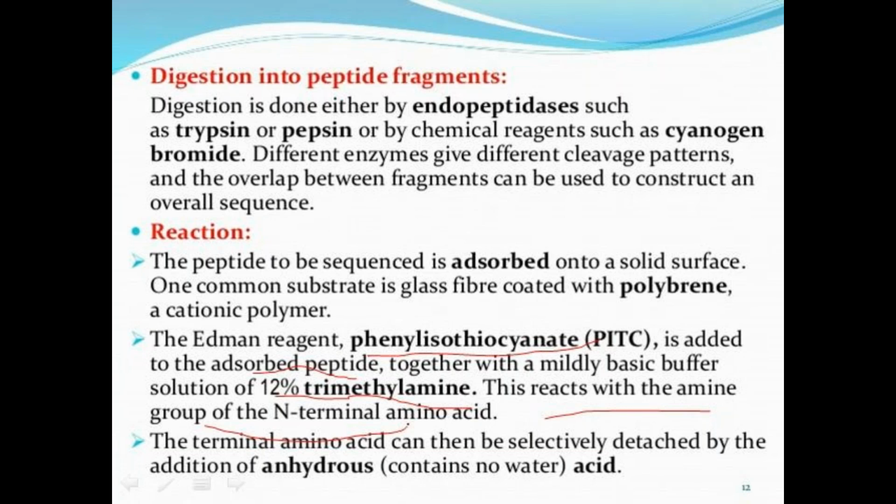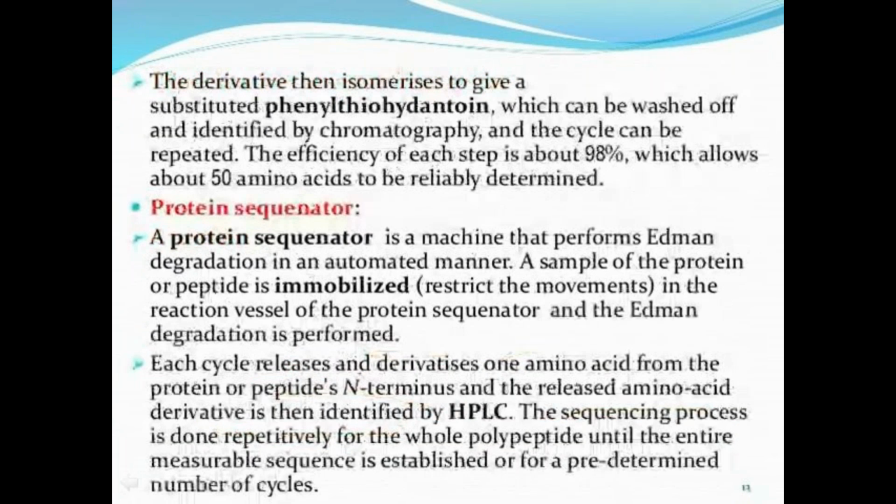The terminal amino acid can then be detached by the addition of anhydrous acid. Anhydrous acid is mainly used for the separation of the N-terminal amino acid. That is how we first determine the N-terminal amino acid sequence.